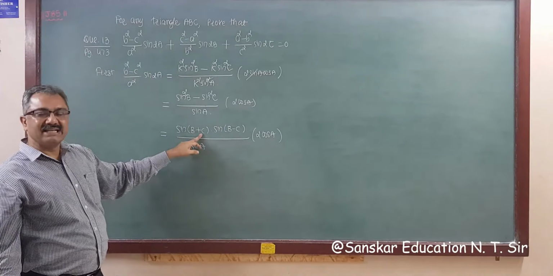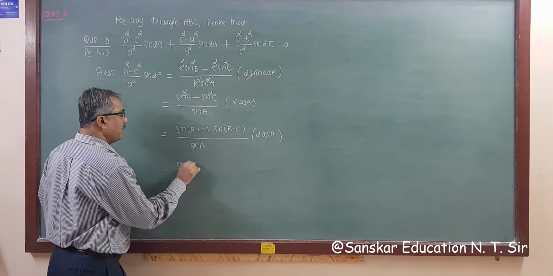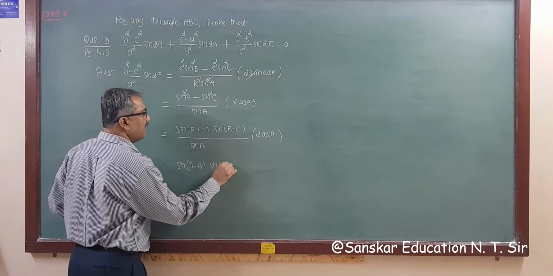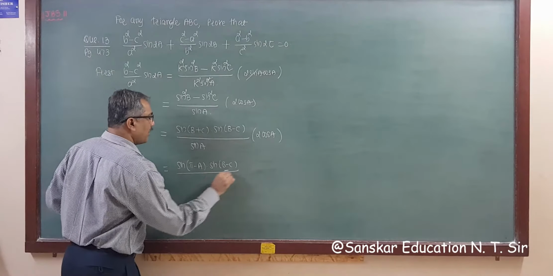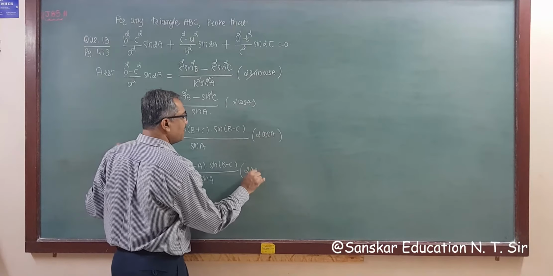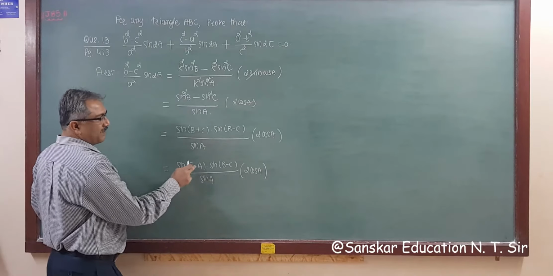Sine b plus c is pi minus a, so this is sine pi minus a into sine b minus c upon sine a into 2 cos a. So this is sine pi minus a.